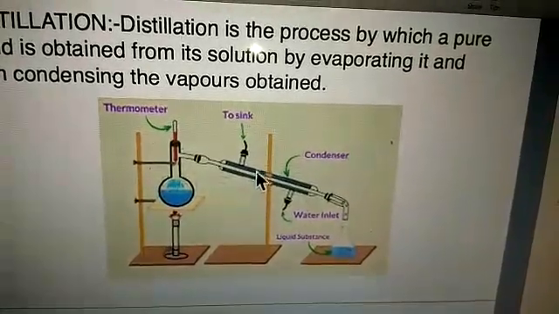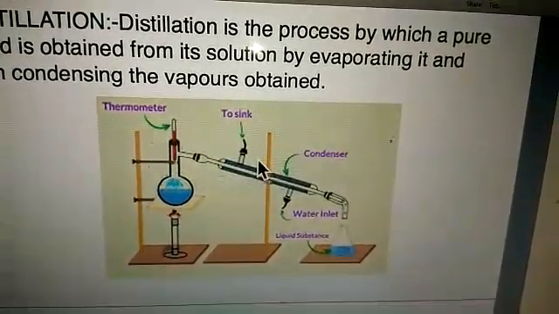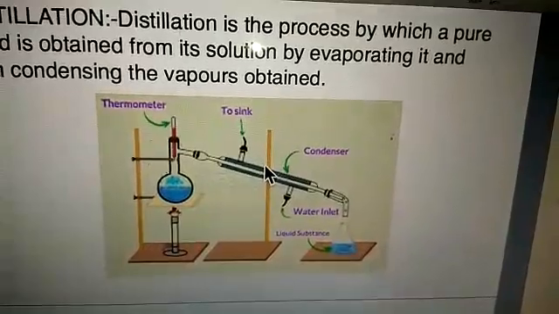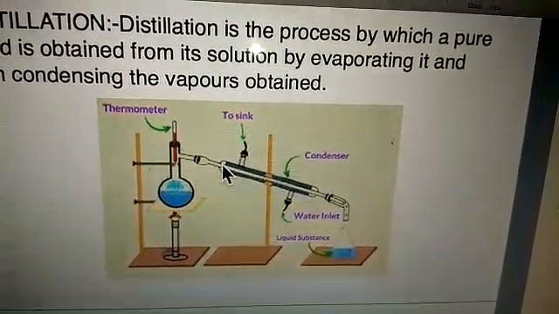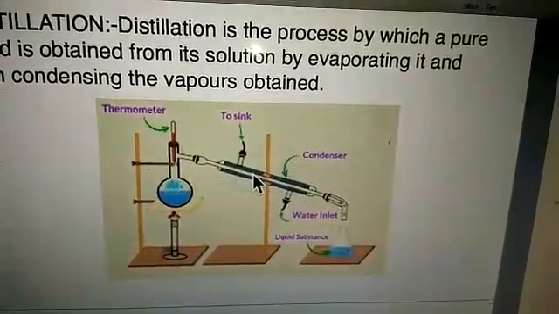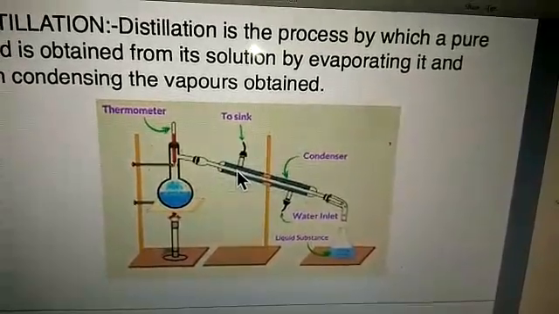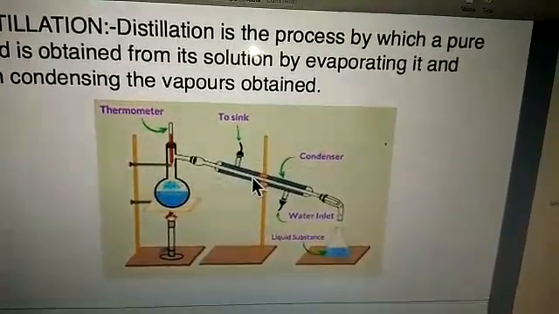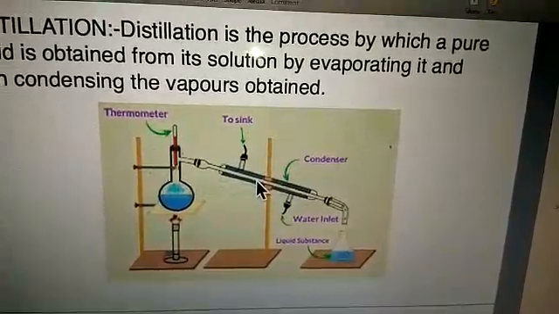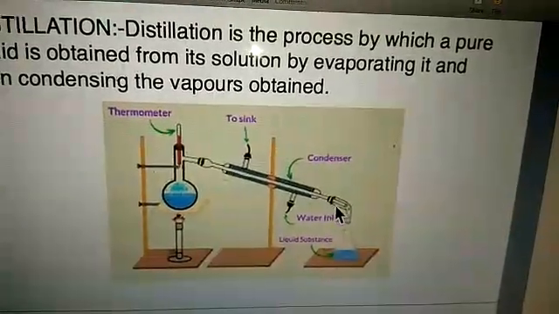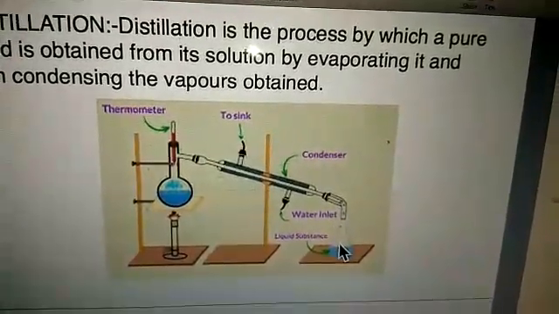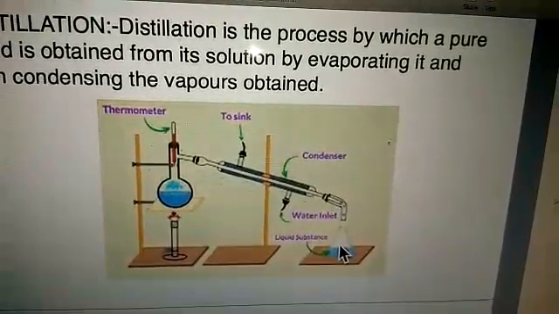Now this condenser is cold because cold water is running all around it. Now when this vapor passes through this condenser, the water vapors change into water droplets by the process of condensation. So these water droplets are then collected here in this conical flask.